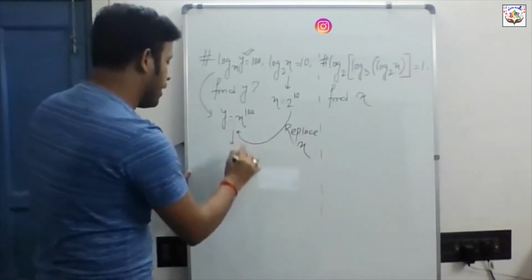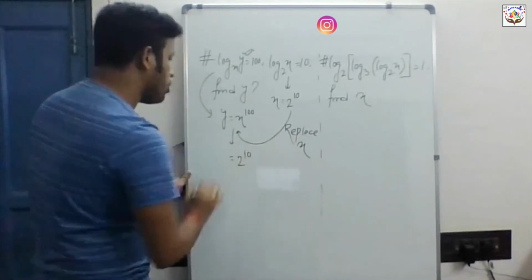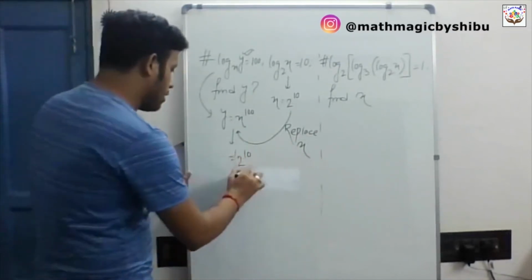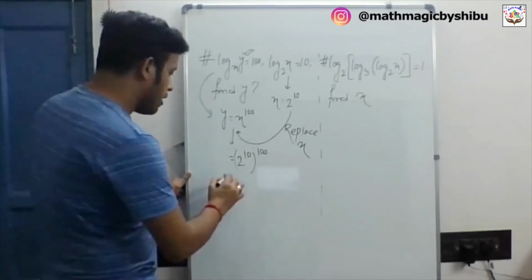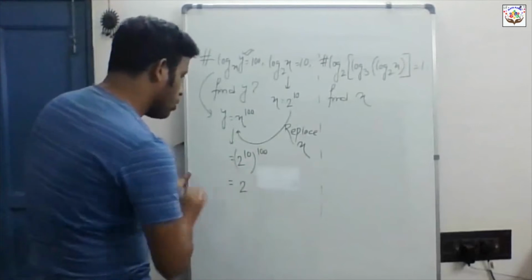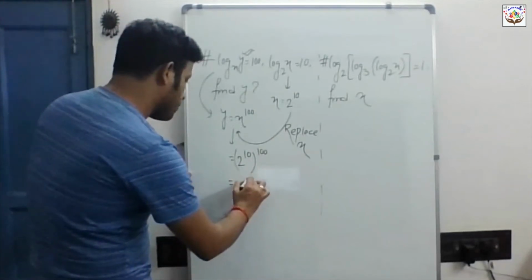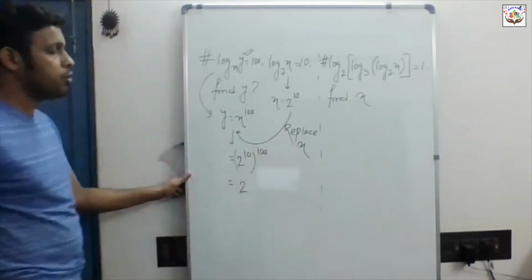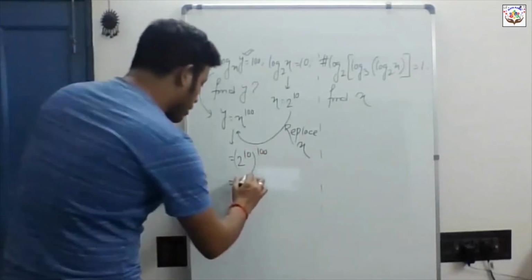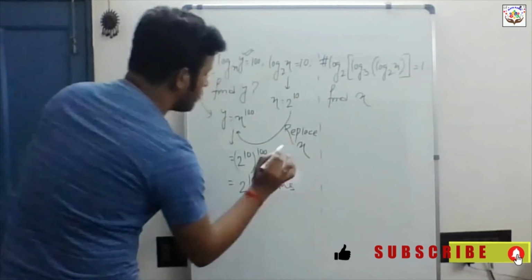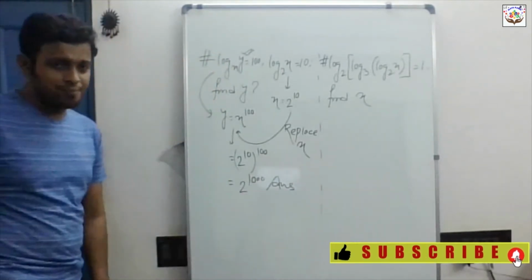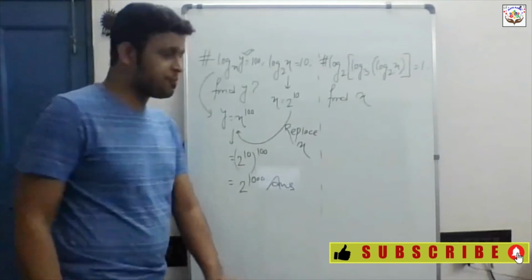In place of x, we will write 2 to the power 10, and at the power it is 100. So what is our ultimate answer? It is 2 to the power 100 into 10. That means it will be 2 to the power 1000 is your answer. Easy one, I hope.